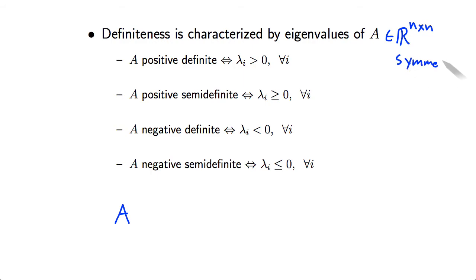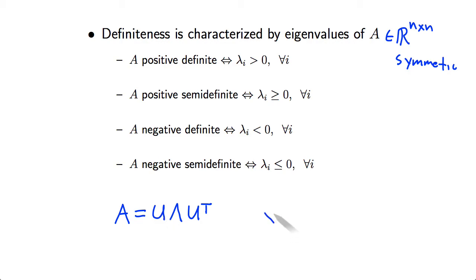Remember, because for x transpose A x, we could always just take A to be symmetric, so let's just assume A is symmetric here. That's what matters in a quadratic form. That means we can write A as U lambda U transpose for an orthogonal matrix U.